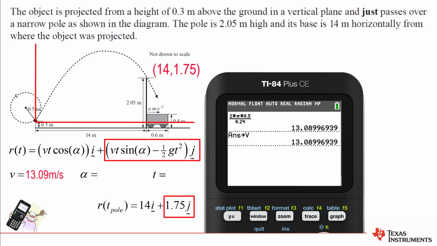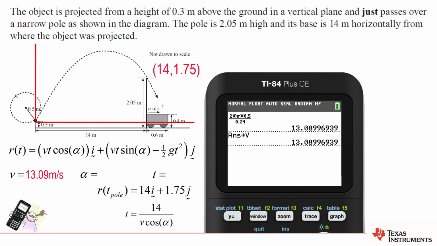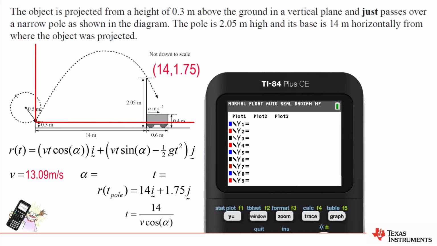For the i component, it's relatively easy to transpose to make t the subject. I'm going to store that equation in y1. It makes a handy way to copy and paste. I'll use A to represent alpha.